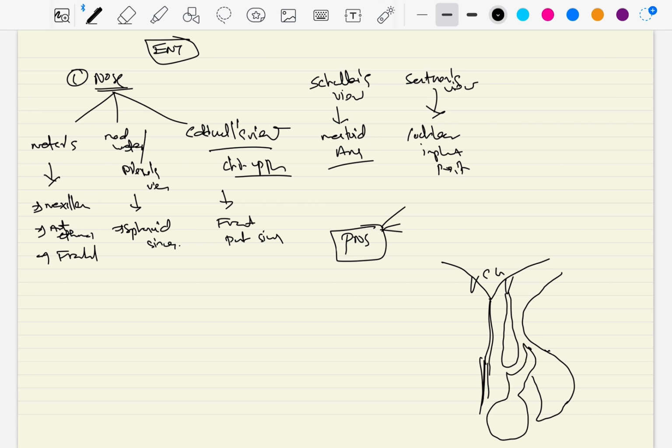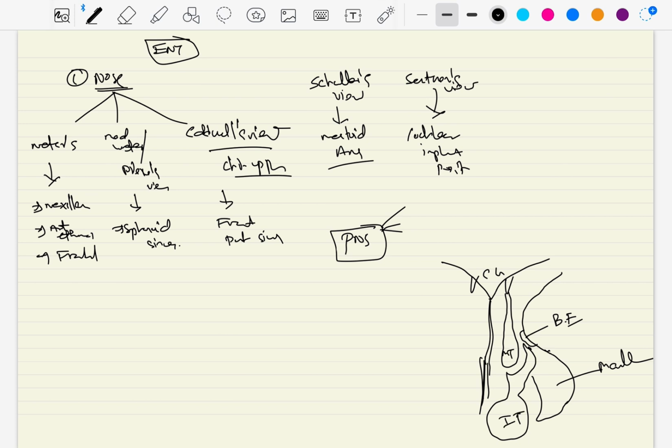Yes, inferior turbinate. Here lies the biggest paranasal sinus cell, that is bulla ethmoidalis. This will be the maxillary sinus.